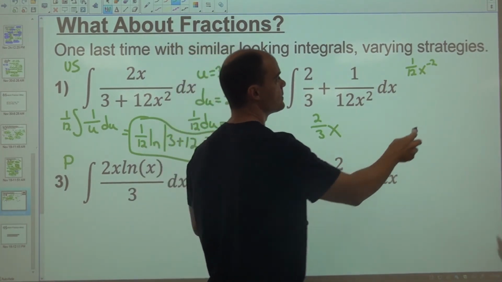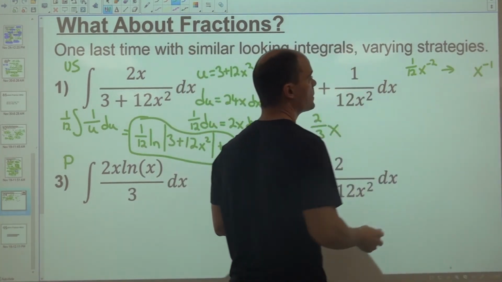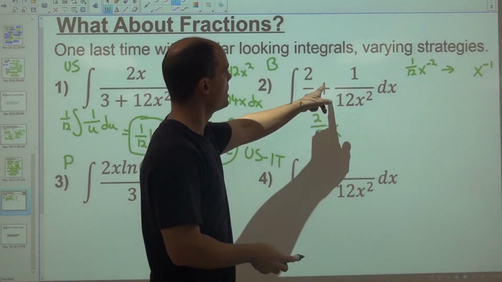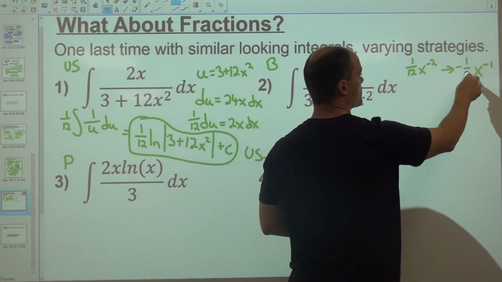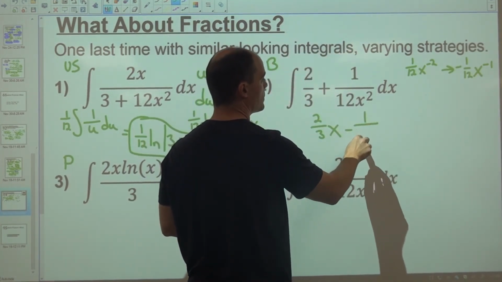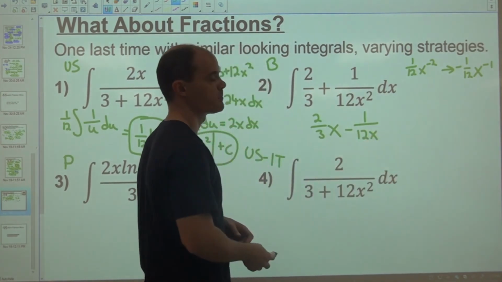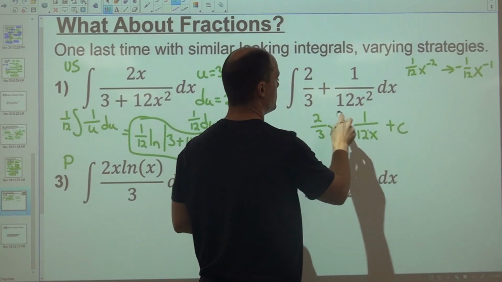If I anti-derive that, I'm going up to the -1st. And I need this to be positive when I multiply by -1, so it's going to become -1/12. So this will be minus 1 over 12x is my antiderivative. And that's it. Done. Plus c. Game over.